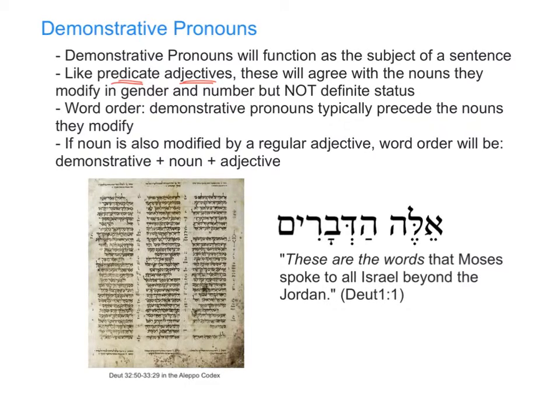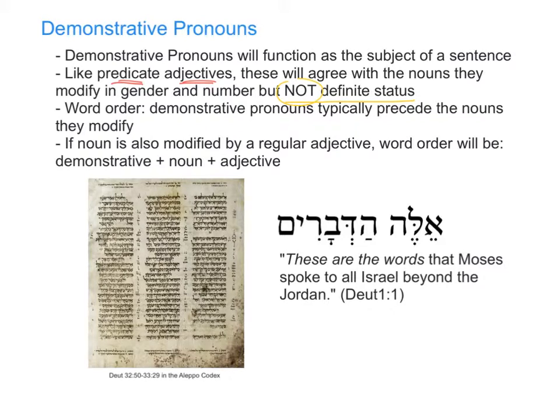So nouns and adjectives, as well as nouns and pronouns, would agree in gender. They'd agree in number. But the big one for us here is disagreement in definite status. So we're looking for disagreement in definite status between the noun in one of these chains and the pronoun.